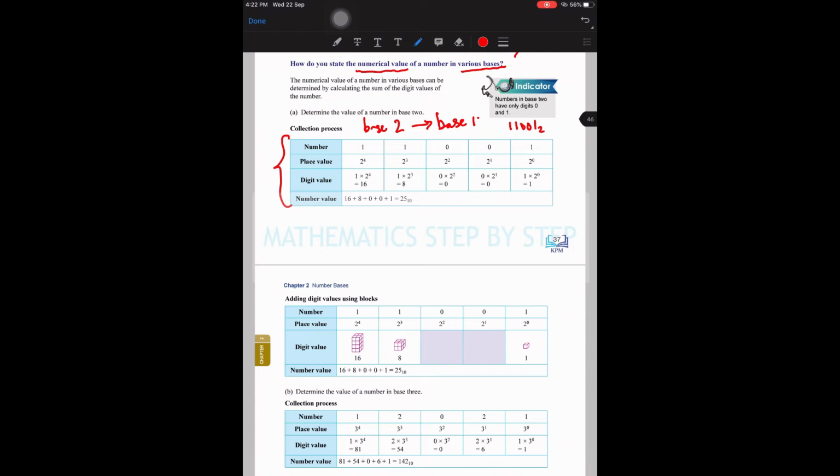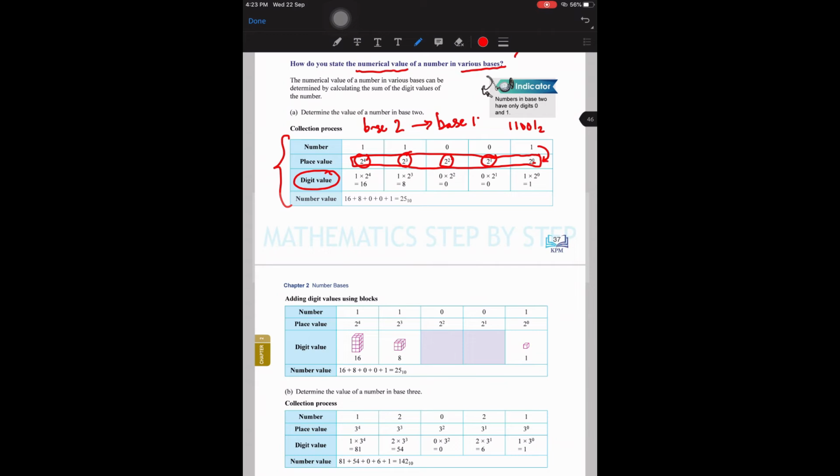We can see that all these are their respective place values, like what we have learned just now. Now it is base 2, so it always starts from power 0. So 2 to the power 1, 2 to the power 2, 2 to the power 3, 2 to the power 4. And then just now we also learned how to find the digit value, so we'll do so.